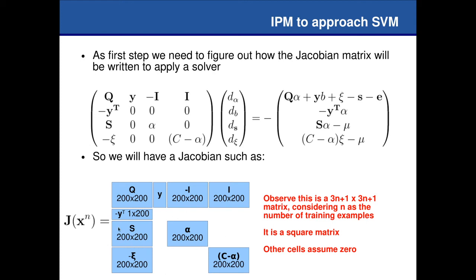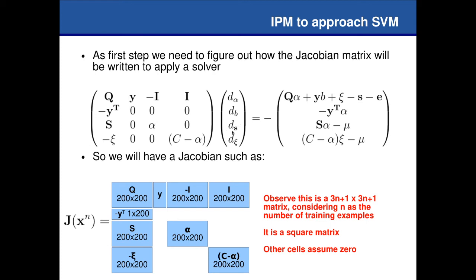And here I have my S matrix, which is a diagonal matrix with slack variables. How many variables? 200 by 200, because I have 200 values in the diagonal. Remember, 200 values in the diagonal. That explains why this matrix is 200 by 200. Why? Because take a look here. Q is going to be multiplied by delta alpha, y by delta b, minus I, sorry, the negative identity matrix by delta S. So this delta S is going to be what?